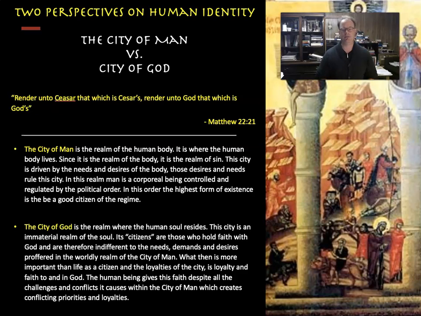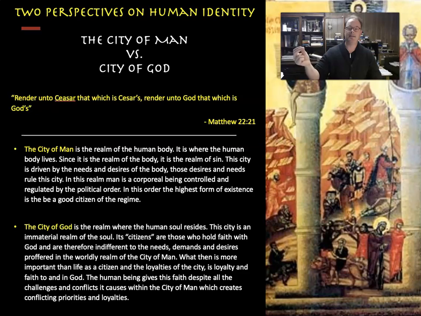In Matthew 22:21, he says something that most Christians know by heart. You render unto Caesar that which is Caesar's, and you render unto God that which is God's. Right? Caesar gets your patriotic attachment. He gets your taxes in particular, but God gets your soul.